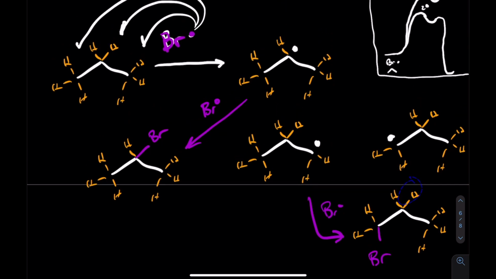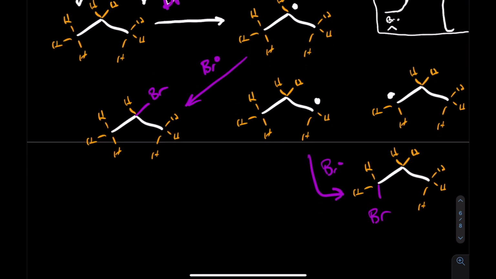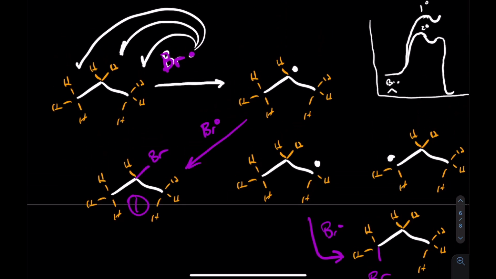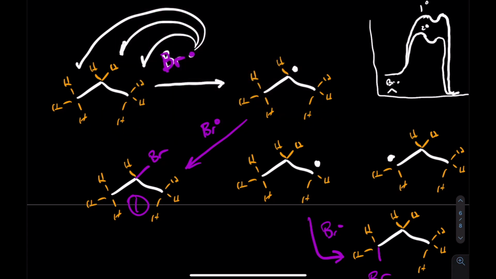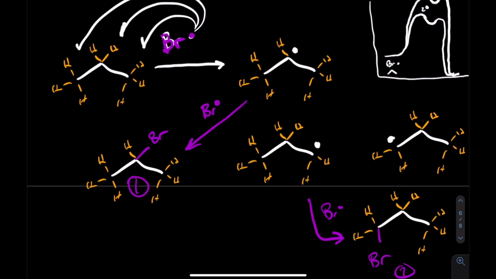I would argue that compound 1 and compound 2 are roughly the same energy, but we'll draw the final product. So your primary comes down to roughly here, all right? And your secondary, they both come down to roughly the same places. So one is just a little higher. If you go through your secondary intermediate, you're going to end up with just a touch higher, and that's going to be compound 1.